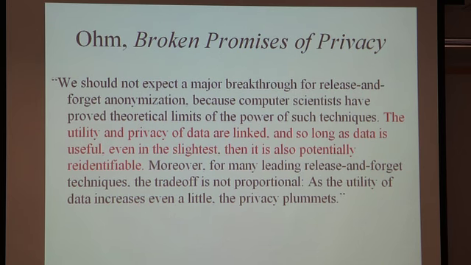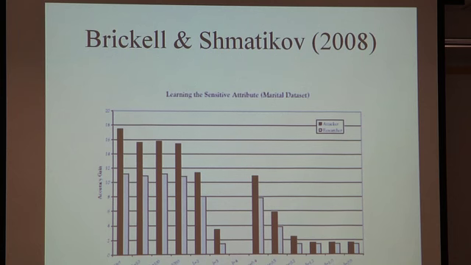That's the claim. And he points primarily to this paper by Justin Brickell and Vitaly Shmatikov from 2008, and reproduces this very graph in the law review paper that he wrote, and says, look, the black bars represent the loss of privacy from a given data release. The gray bars represent how useful this same data release actually is.